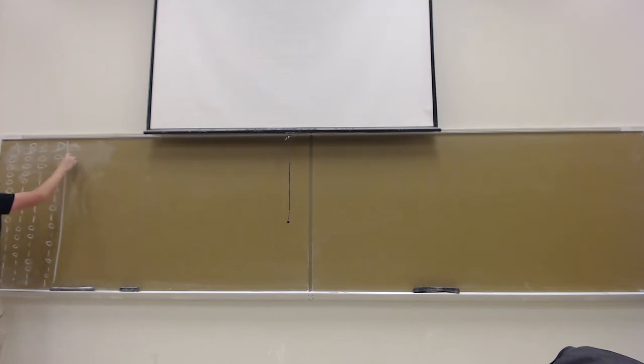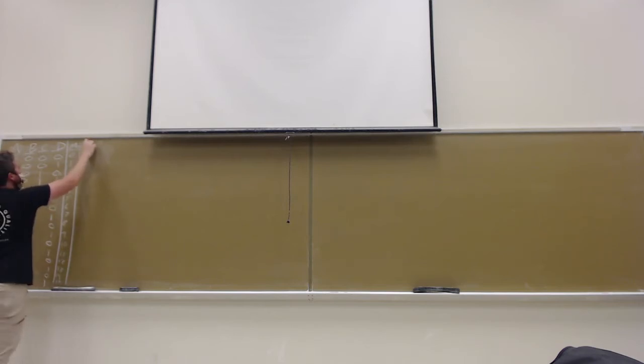Let's go and label the rows: 0, 1, 2, 3, 4, 5, 6, 7, 8, 9, 10, 11, 12, 13, 14, and 15.